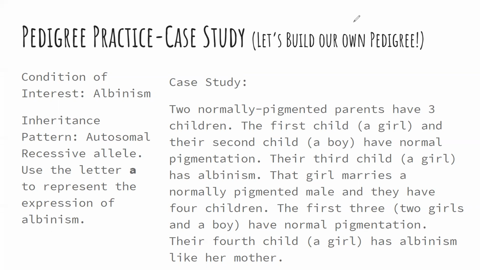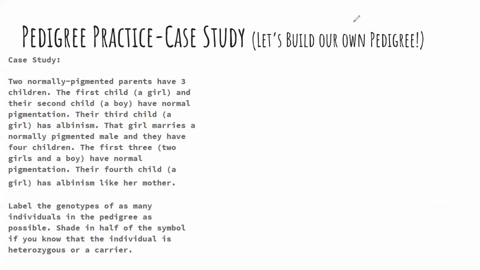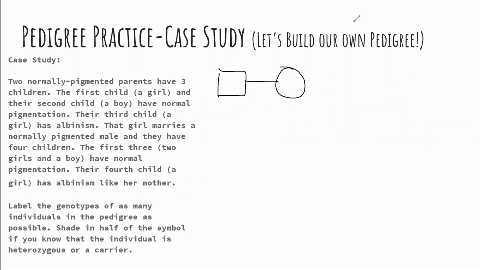Let's draw the pedigree. So the first thing we need to start with is 2 normally pigmented parents. How do we denote the parents? Males are what? Squares. Males are squares and females are circles. So they're normally pigmented.